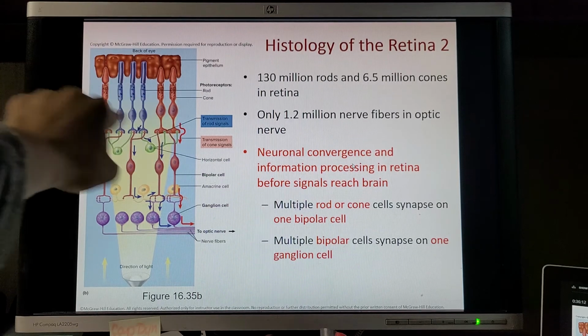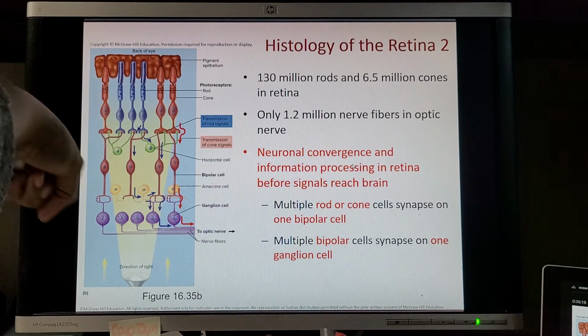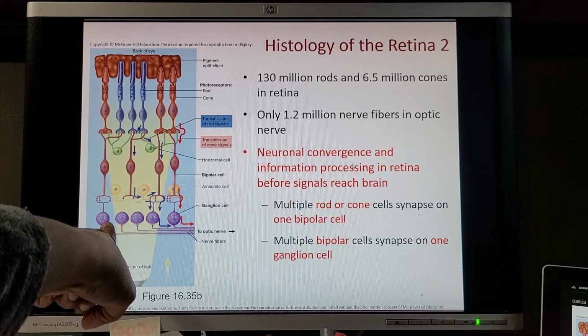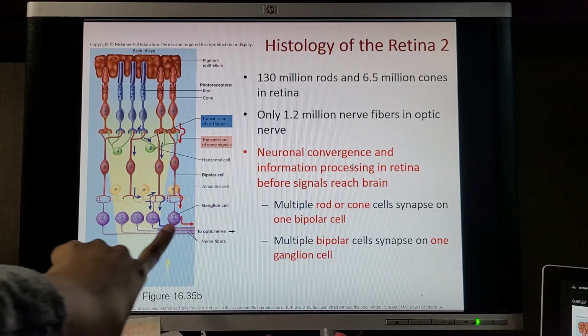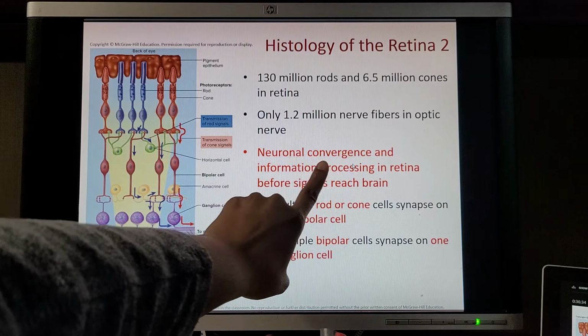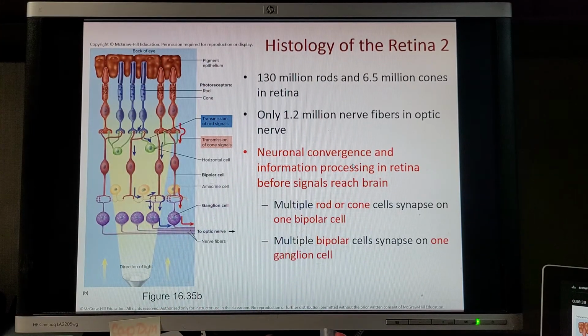Then these photoreceptors convert that light energy into action potentials and send them to the bipolar cells, and the bipolar cells send that information to the ganglion cells, whose axons create your optic nerve to go to your brain. So the neurons converge onto one neuron: you have information coming from multiple cells onto one neuron.